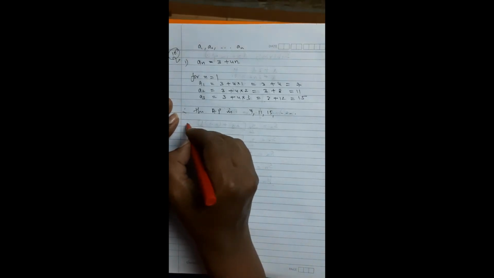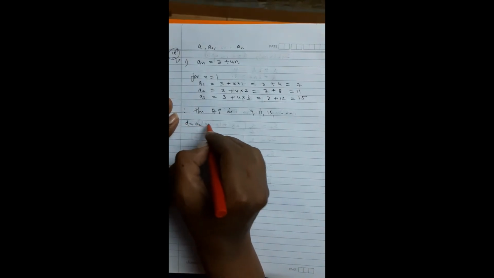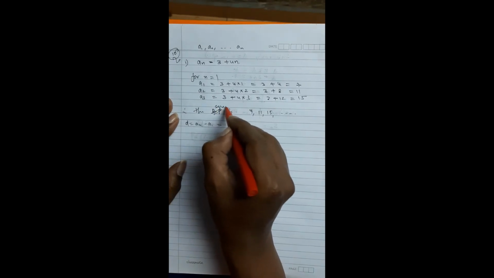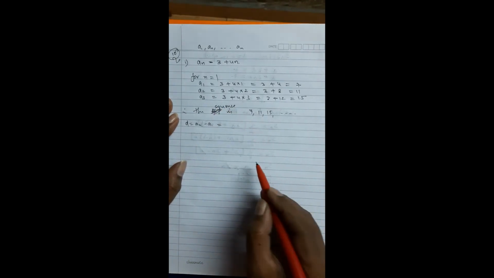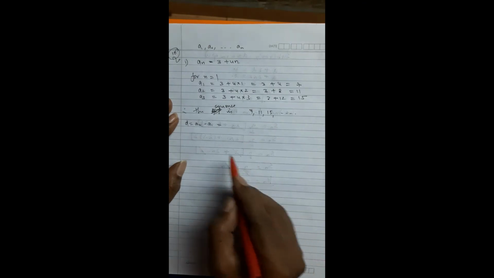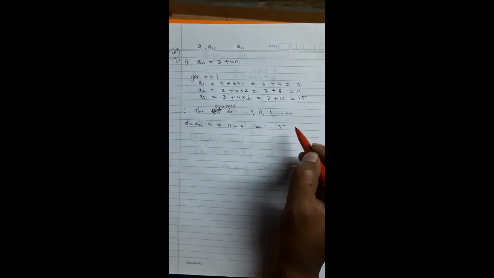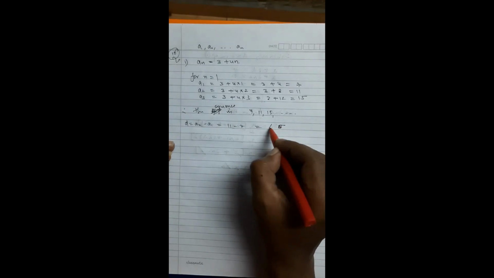Where D is equal to what? A2 minus A1. They have told us to show that this is an arithmetic progression, so we have to prove that. A2 minus A1 is equal to 11 minus 7, which is 4.